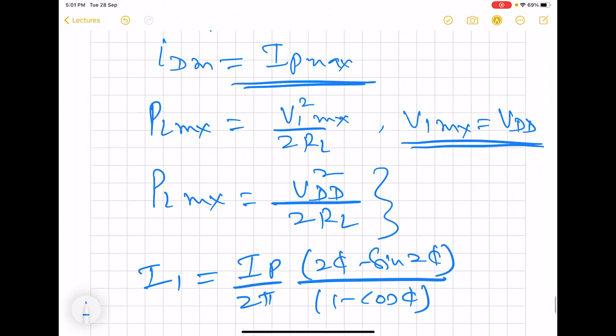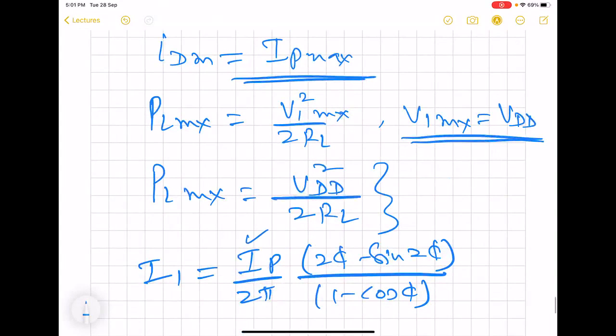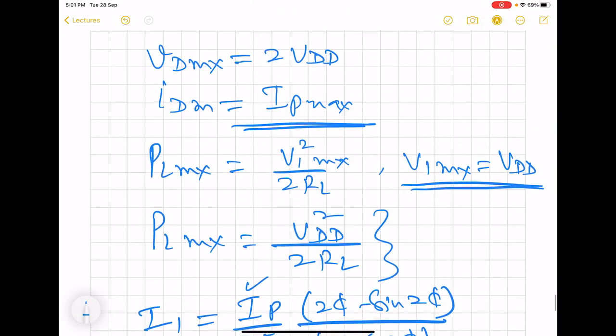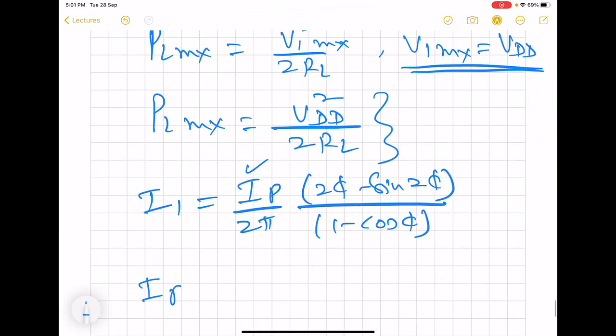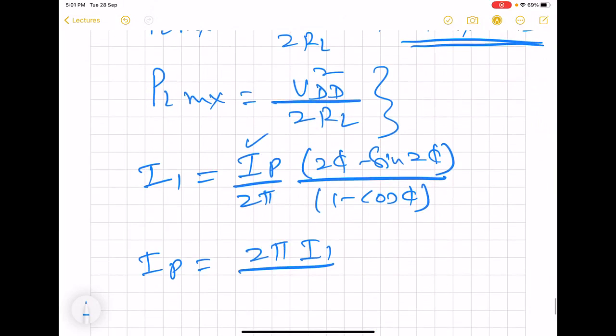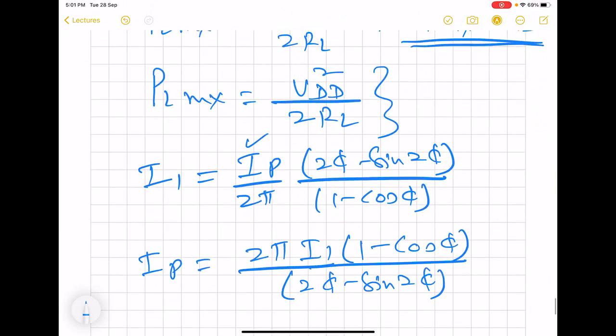So from here we can find out the I_P and then find its maximum so that we can find out this parameter. So I_P then becomes 2 pi I1 into (1 minus cos phi) divided by (2 phi minus sine 2 phi).